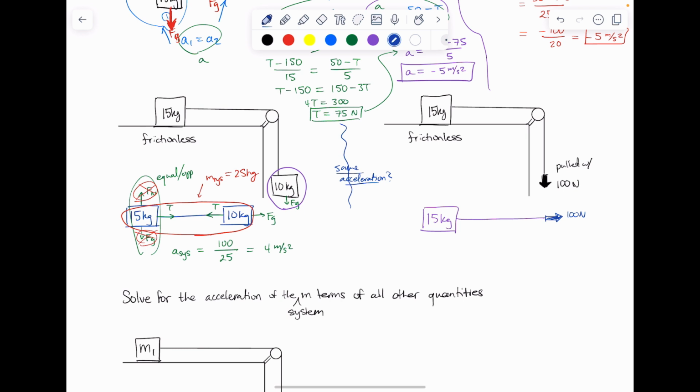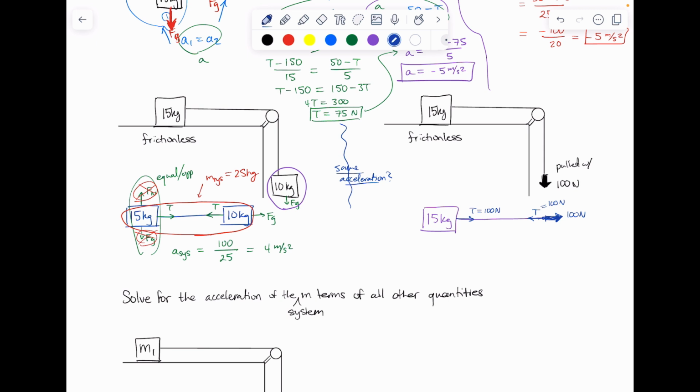This is being applied to the end of the rope. We know that because of Newton's third law, there must be an equal and opposite tension force here of 100 newtons as well. And because of the way tension works, equal and opposite tension is being applied at the other end of the rope, also equal to 100 newtons, to this mass.